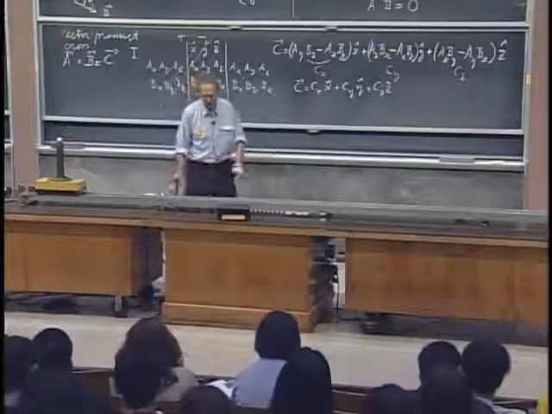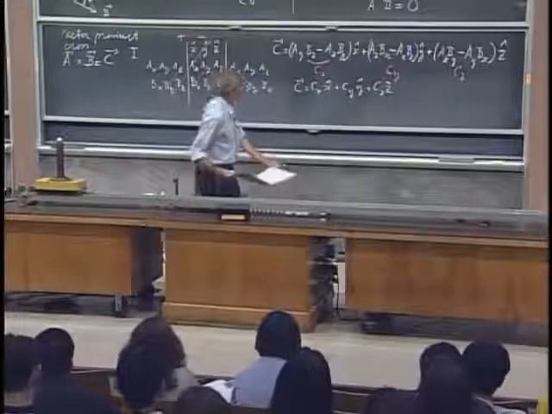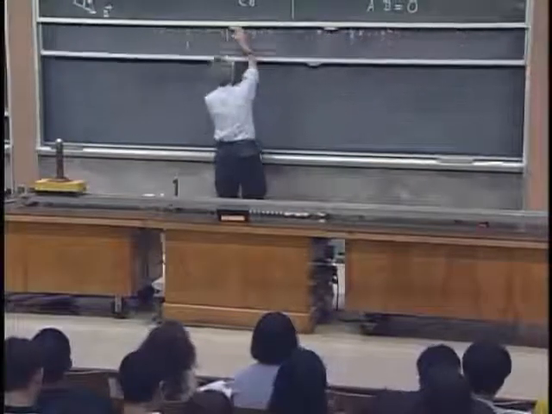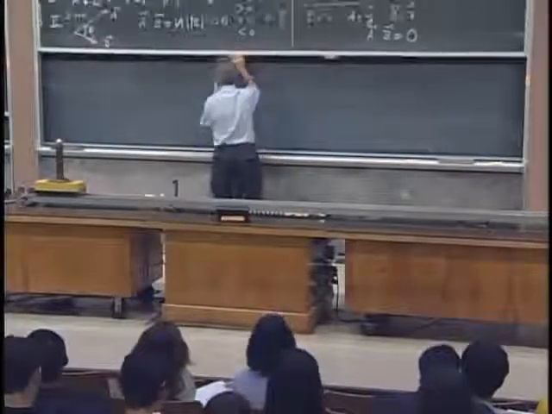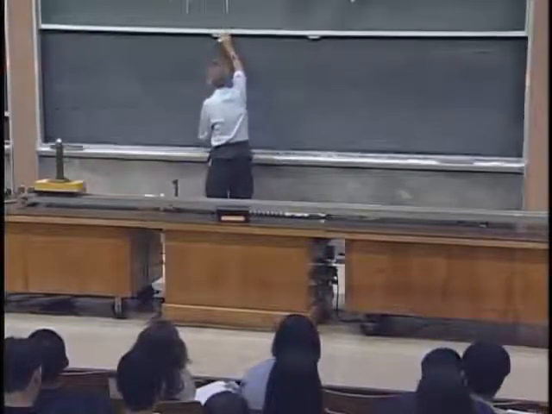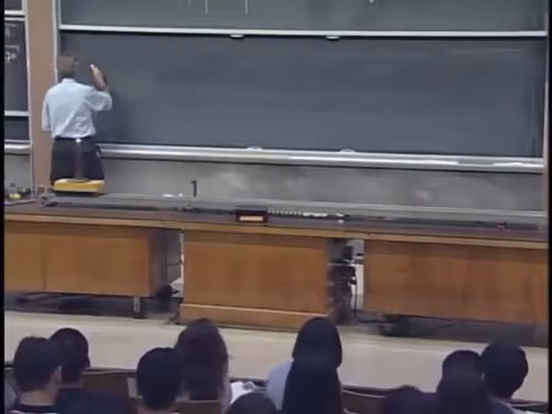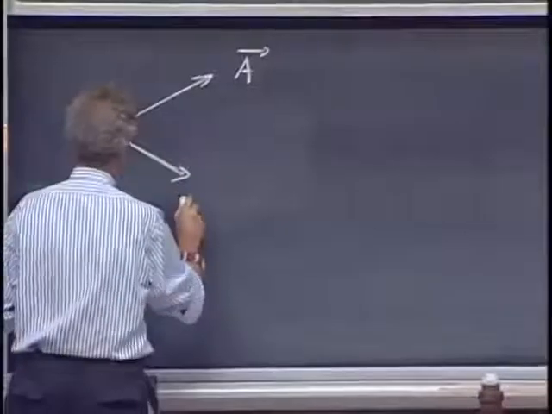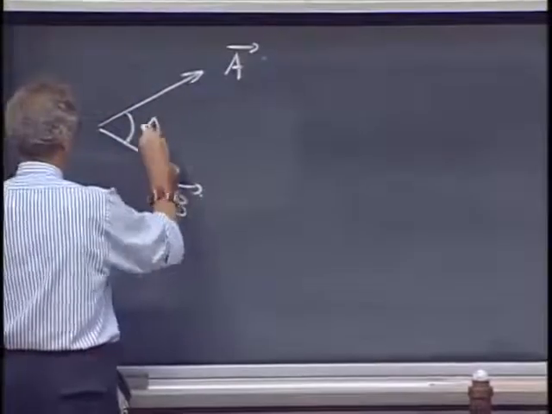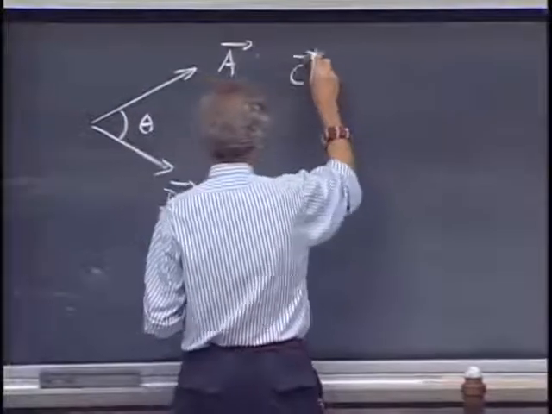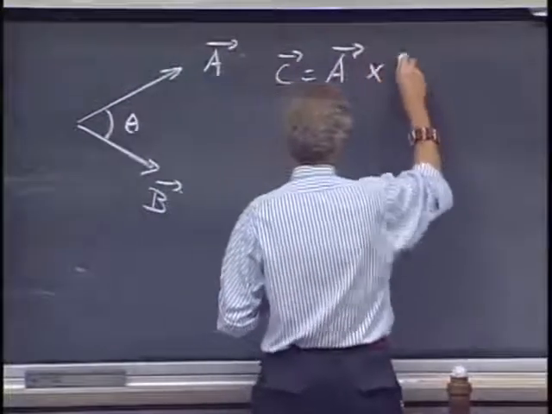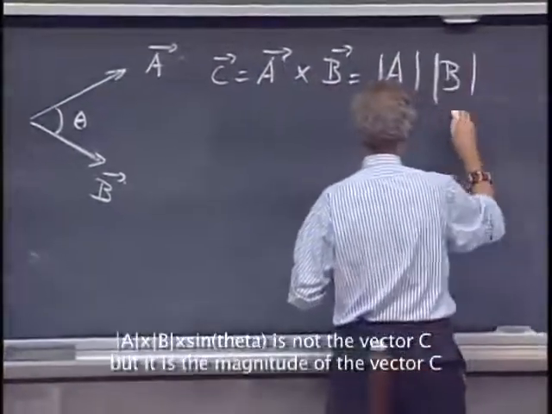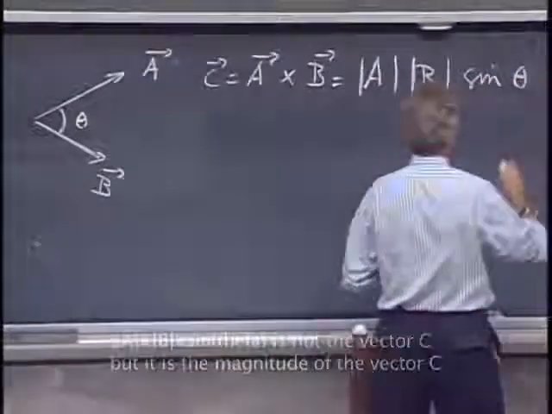And method number 2 is, again, as we had with the dot product, a geometrical method. Let me try to work on this board in between. If you know vector A, and you know vector B, and you know that the angle is theta, then the cross product, C, equals A cross B, is the magnitude of A times the magnitude of B times the sine of theta.